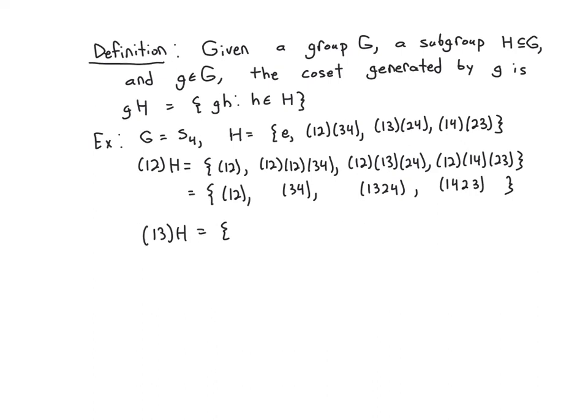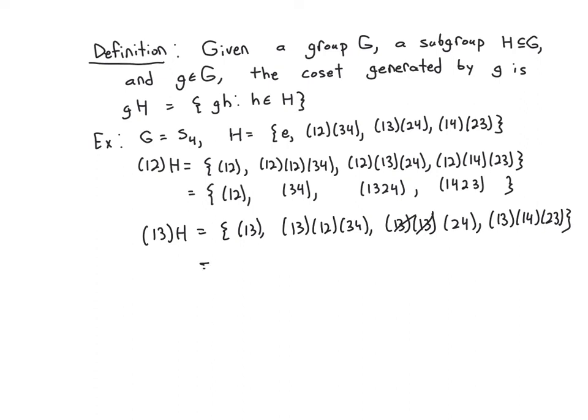How about multiplying by (1 3)? I'm sorry I keep doing 2-cycles, but they're easier to calculate, so I'm going to stick with that. And you get (1 3)(1 2)(3 4), (1 3)(1 3)(2 4), and (1 3)(1 4)(2 3).